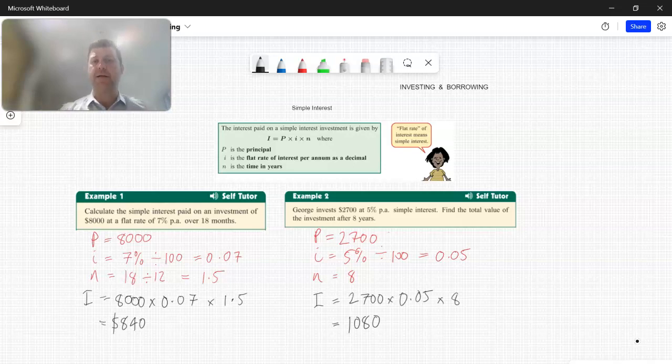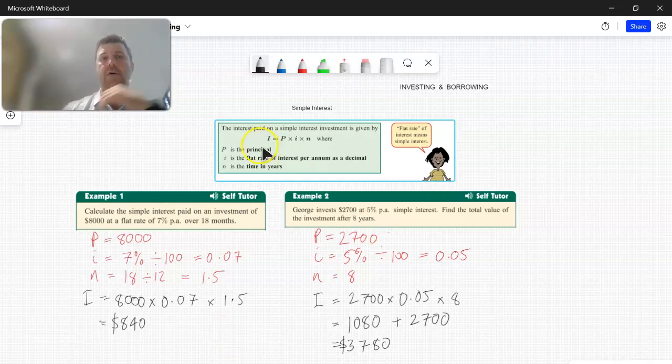But I'm now going to add, because the question says find the total value of the investment, I'm going to add that back to the principal, which was 2,700, which will give me a final answer of $3,780.